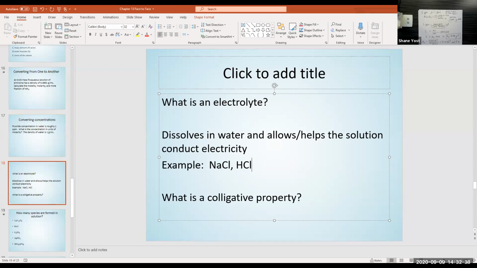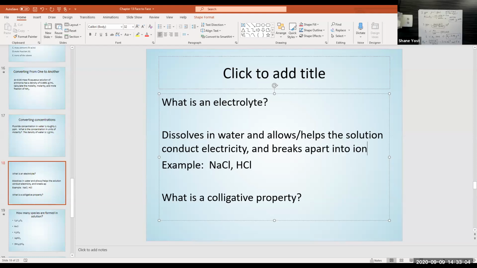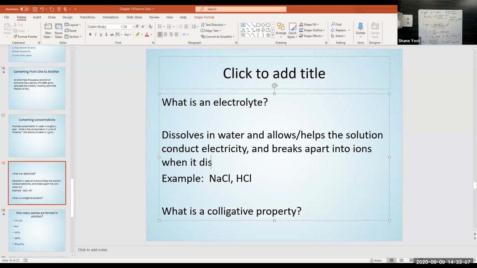Now, when sodium chloride dissolves in water, what's actually in that water? Do I have just chunks of sodium chloride in the water or something else in the solution? You've got sodium and chloride ions separately. Yeah. So an electrolyte, something that dissolves in water, helps to conduct electricity and breaks apart into ions when it dissolves.